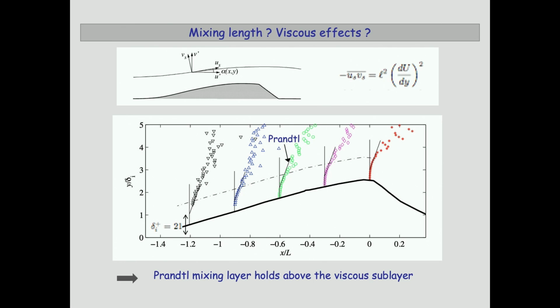This is the length L of the mixing length, which is obtained by dividing the turbulent shear stress, which has been measured, by the gradient of the mean velocity, which has been measured too.